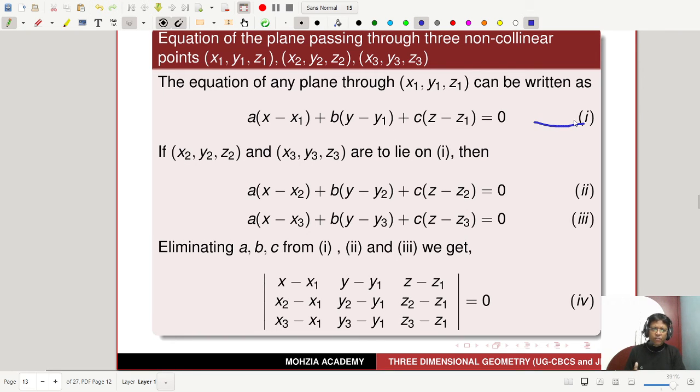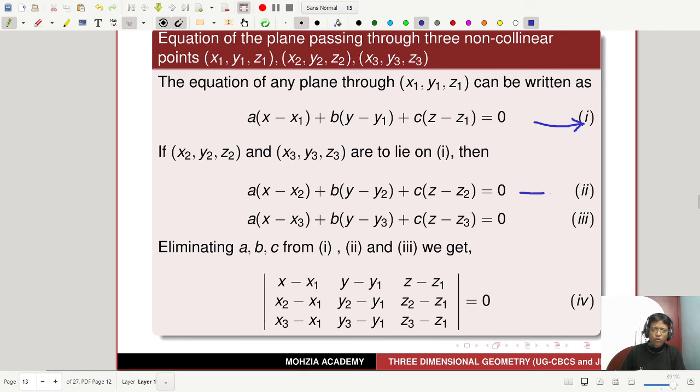We have already learned this from the first equation. We discussed the diagram, and this is the equation of the plane passing through any point, and a, b, c are the normal vector. And if this plane passes through (x2, y2, z2) and (x3, y3, z3), then it will satisfy them.